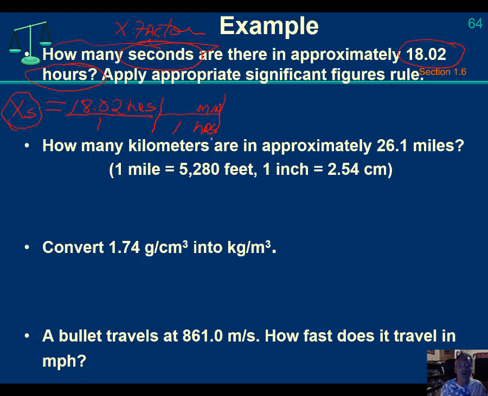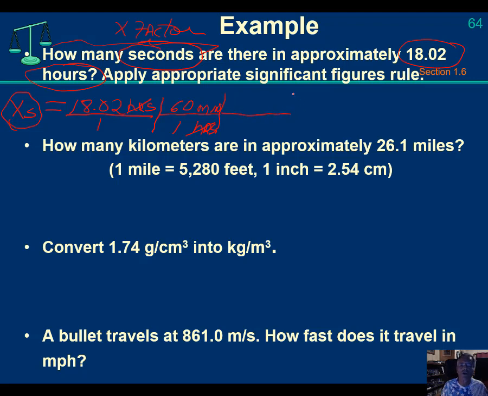So hours is the larger unit, we give it the 1, and there are 60 minutes in 1 hour. Now you'll notice that this is going to be multiplication and division. So we're going to multiply across hours times minute and then divide by hours. That's going to allow us to cancel hours, and we wind up with minutes in the numerator, and that's where we are right now. And then we're going to go to seconds.